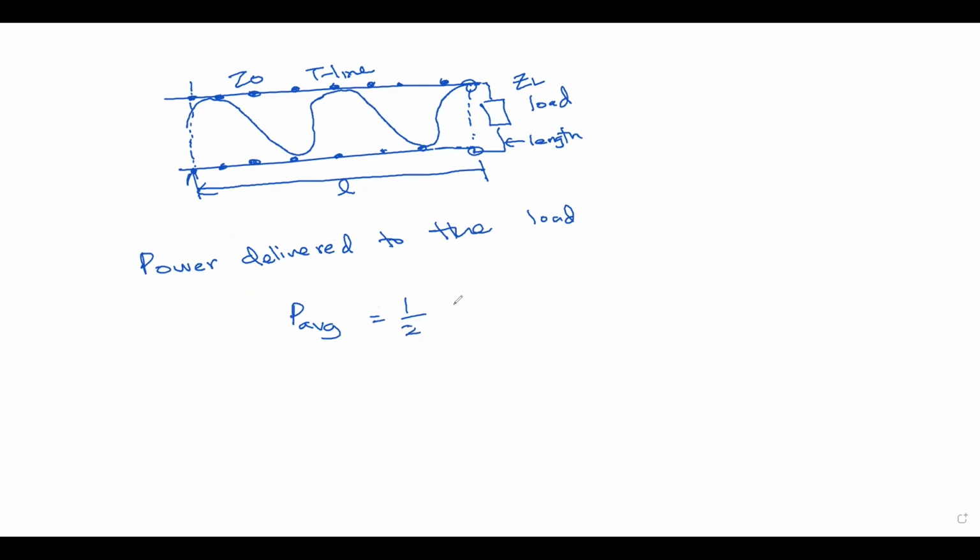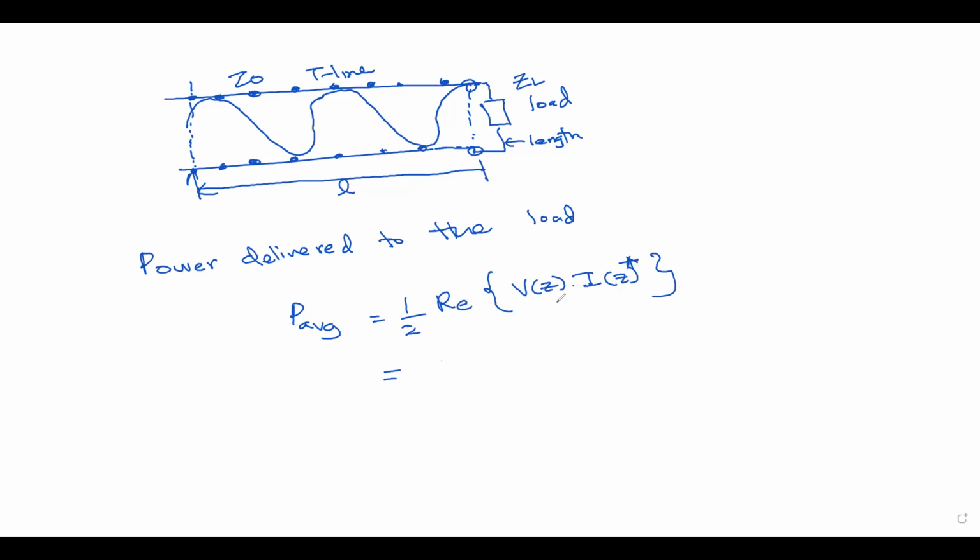We can take the real part of the voltage value and the conjugate of the current value across the load, and take half of it to get the average power delivered to the load.